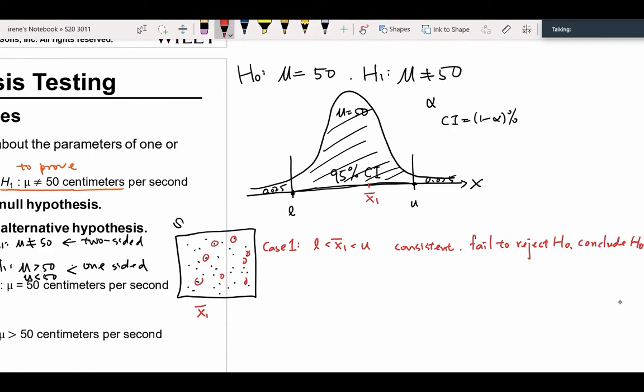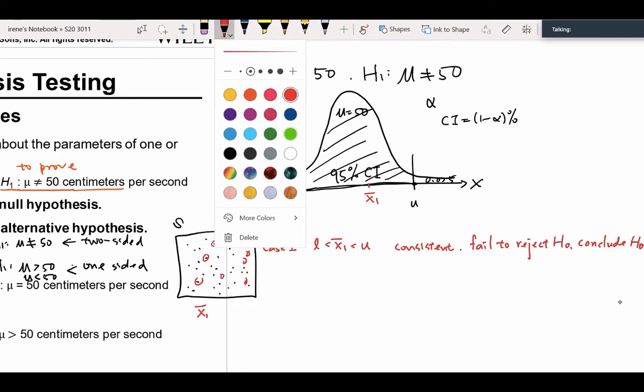Because H1 is what we're trying to prove. If my data tells me my sample average is consistent with the confidence interval established in my H0, that means it's consistent. I cannot reject my H0. Let's give you another case.